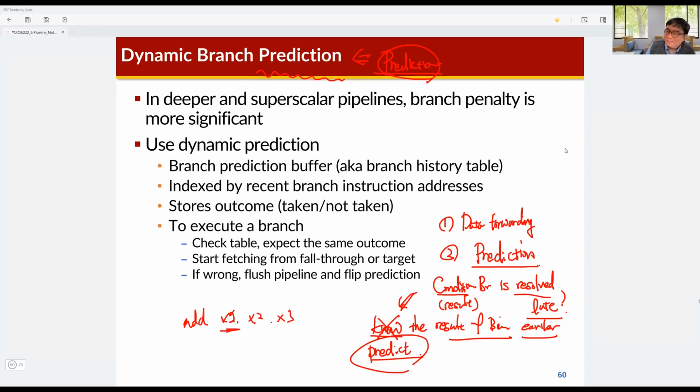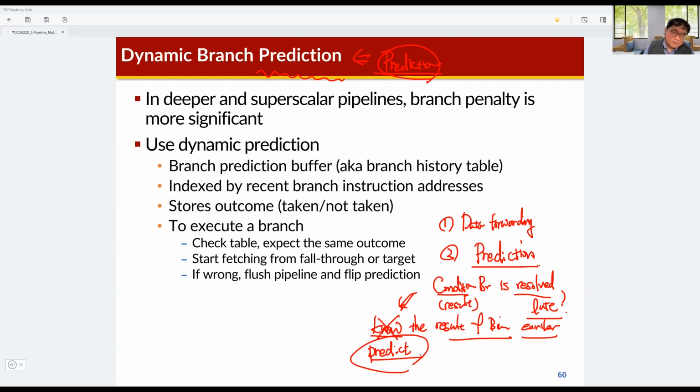We can predict the result of this add instruction for x1, but the hit rate, where hit means that our prediction is correct, is very, very low. If the hit rate is very low, then we cannot apply prediction. But for the branch instruction, we can predict the result with very high probability.